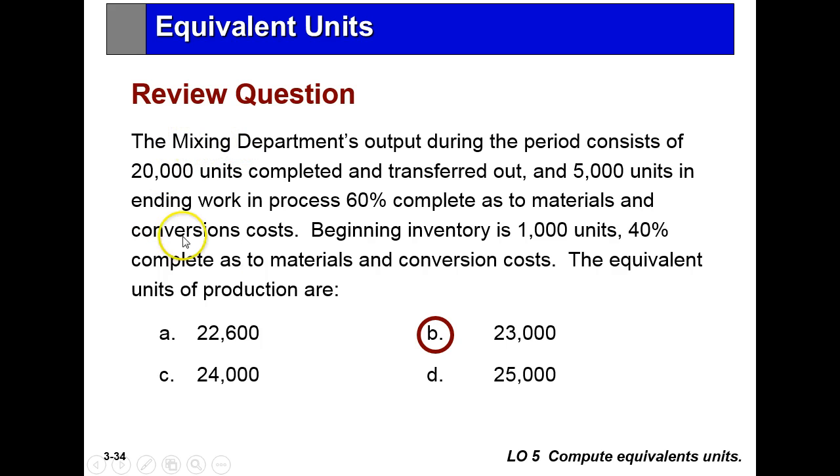But they're giving us this information, and with the 20,000 units completed and transferred out, what we need to figure out is what percent of our ending process is completed. 5,000 at 60% complete would equal how much, guys? That's the 3,000 there, so the 23,000.